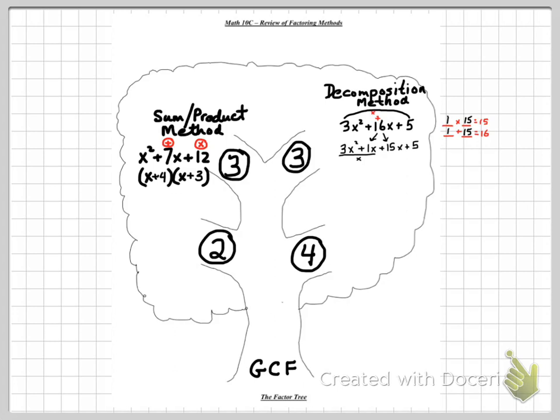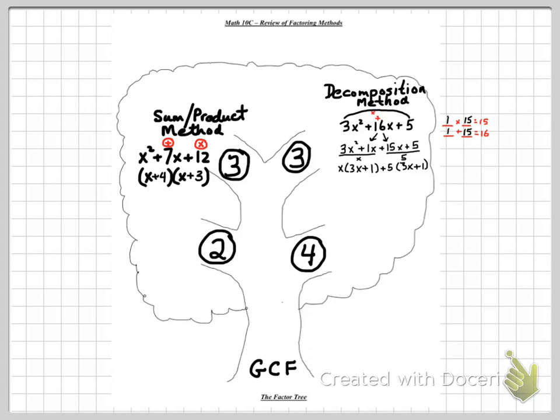If I divided that, I'd get x times 3x, and 1x divided by x is just 1. Now I'm going to do the same for the last 2 terms. For 15x and 5, I can divide positive 5 out of both of those. So on the back end I can say plus 5 times the quotient, which would be 3x plus 1.